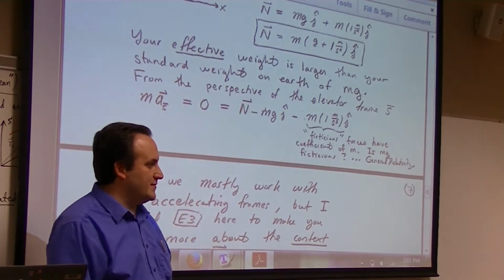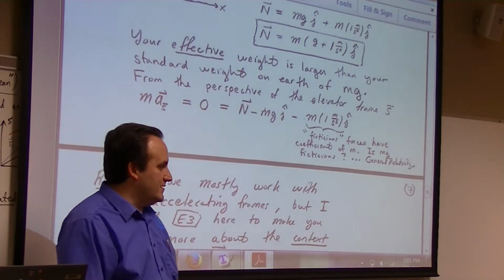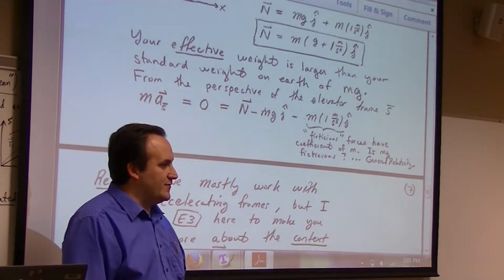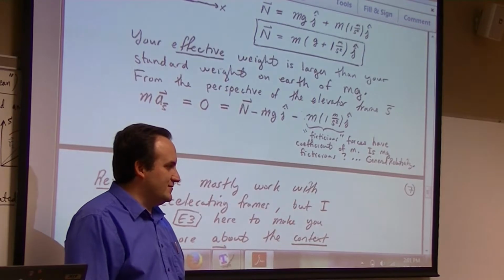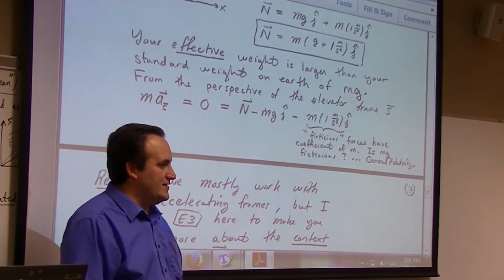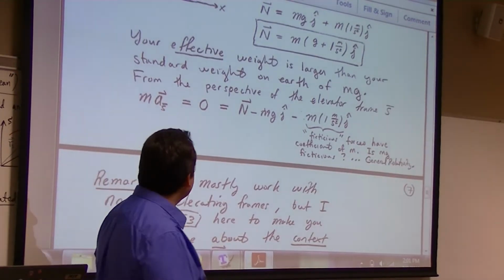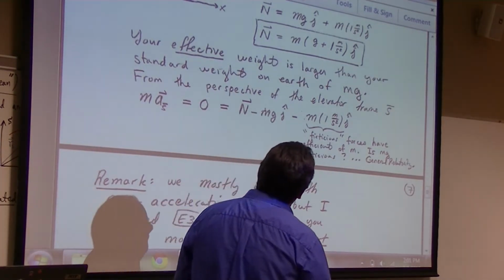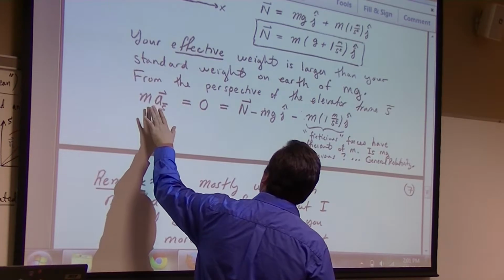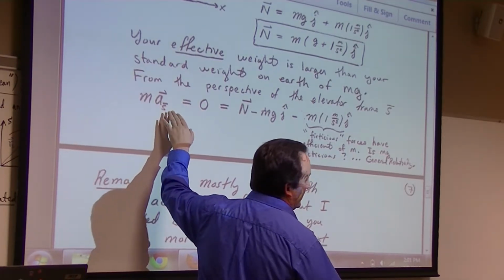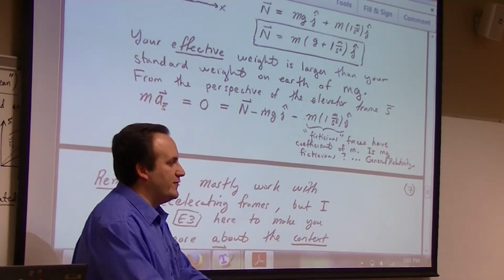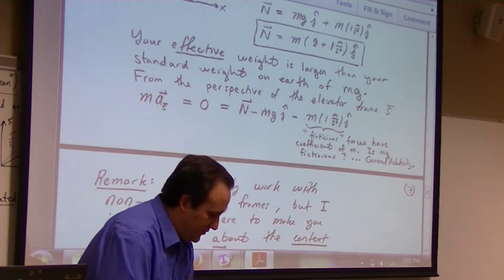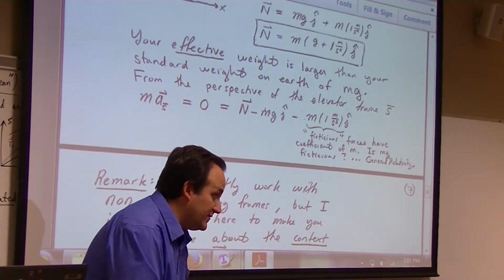If you think about it, imagine just darkening the windows and you wake up in this thing that's always accelerating upward. You would just think you ate too much yesterday or something. I mean, you feel heavier. So this is the interesting thing though. What is that frame of reference? That would be the frame of reference based on putting the origin on the elevator itself, right?